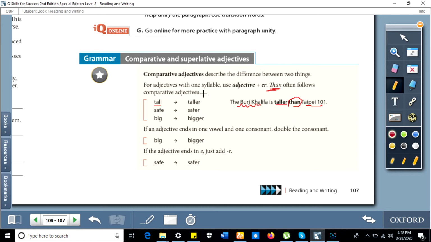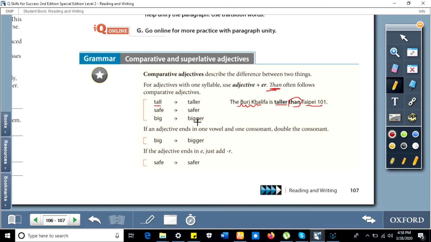And remember this: two things. It's the comparison and the description of the difference between two things, right? Keep this in mind. And here we have some examples: tall, taller, safe, safer, big, and bigger.